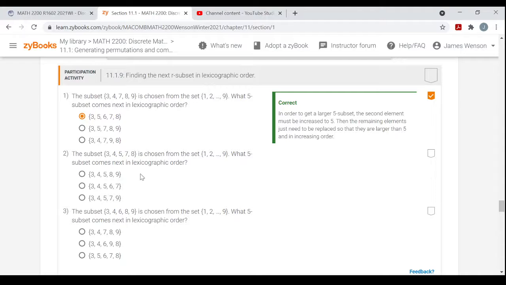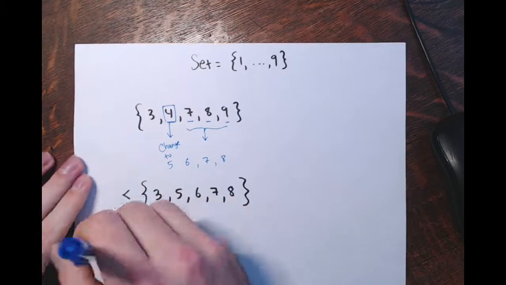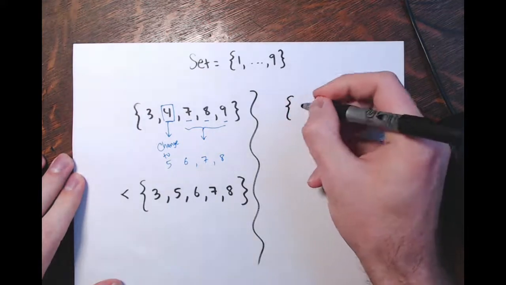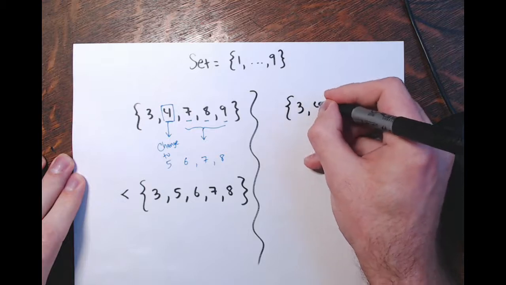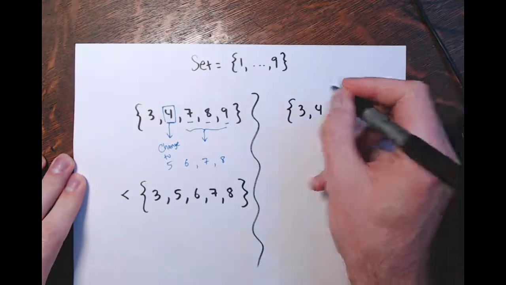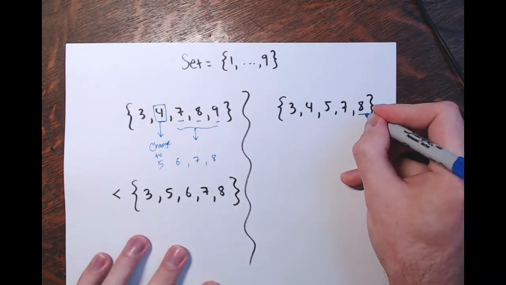There we go. Here's another one, same thing. You're pulling from 9 elements again, and it's another 5 subset. So this is a totally separate one. They gave us this subset of 3, 4, 5, 7, 8. Can I bump that up 1?